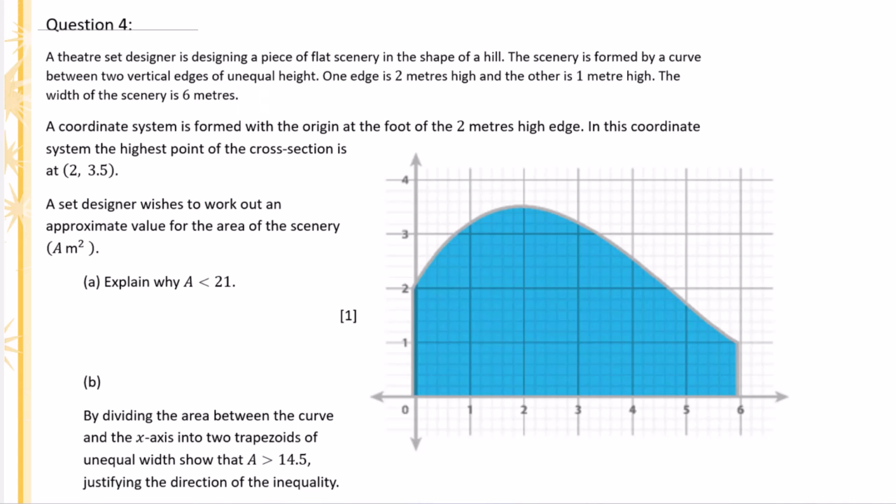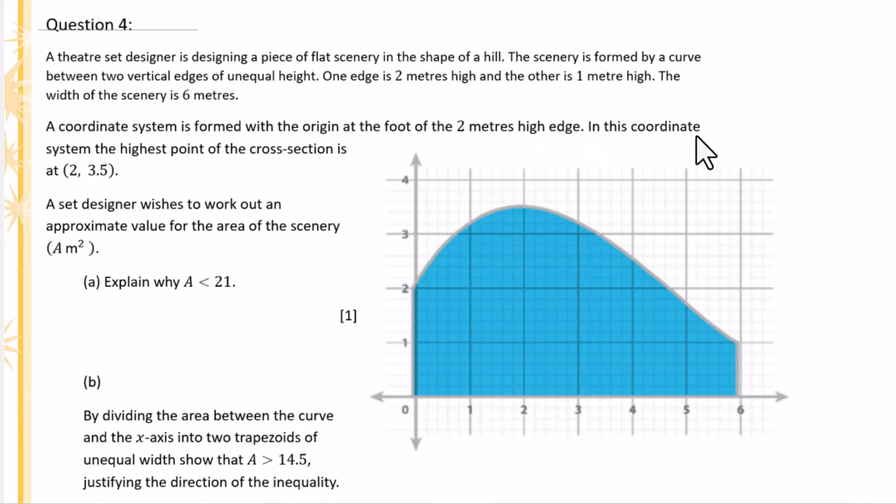One edge is 2 meters high and the other is 1 meter high. The width of the scenery is 6 meters. A coordinate system is formed with the origin at the foot of the 2 meters high edge.